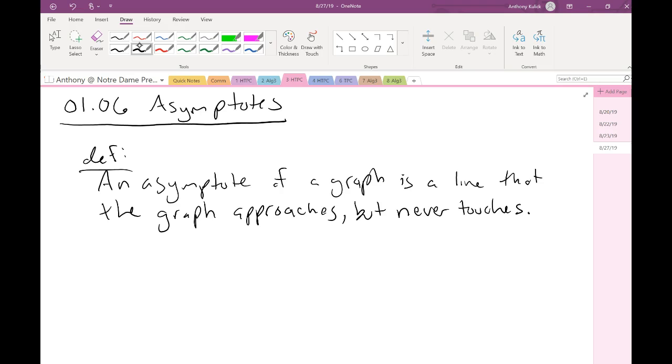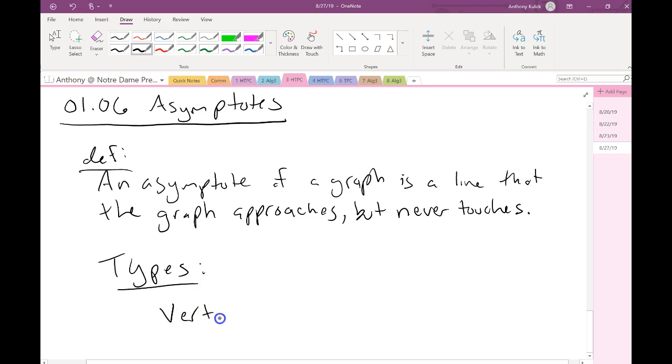All right. So, when we talked about asymptotes last year in Algebra 3-4, how many different kinds of asymptotes did we talk about? 3. Okay, so you had vertical for sure. What else?